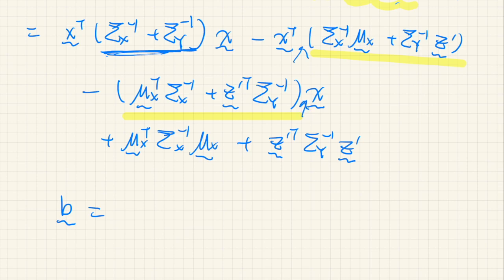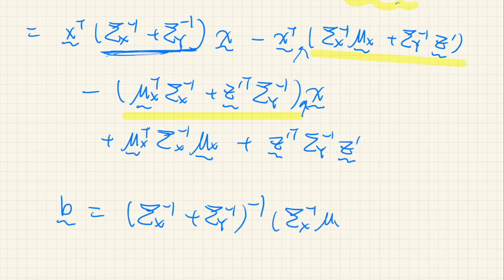To do that, we define b as sigma x inverse plus sigma y inverse inverse of sigma x inverse mu x, so this vector, plus sigma y inverse z prime.